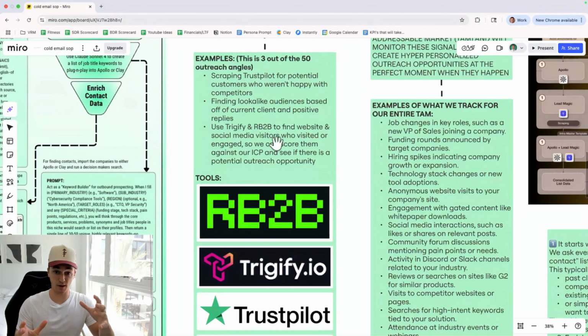We use that information to score them against your ideal customer persona. And if they're ranked high enough, we could send them to another Clay table to personalize an outreach message, right?